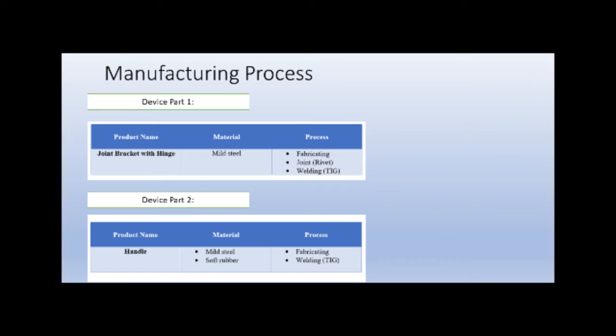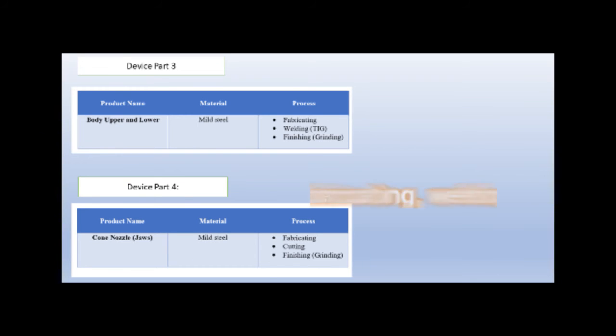In part 3, the processes used are fabricating, welding, tungsten inert gas, and also finishing, which is mostly grinding. The material used is mild steel, same as part 4, which is the cone nozzle jaw, but the processes involved are fabricating, cutting, and also finishing, which is also grinding.